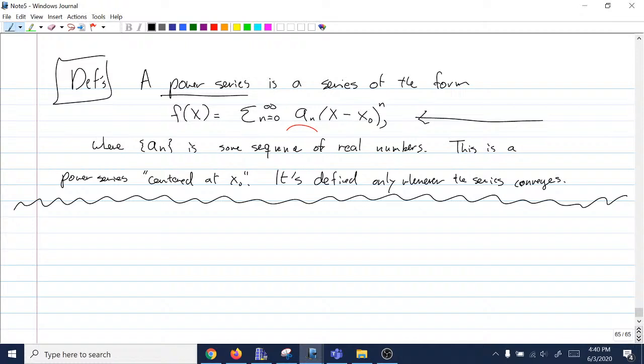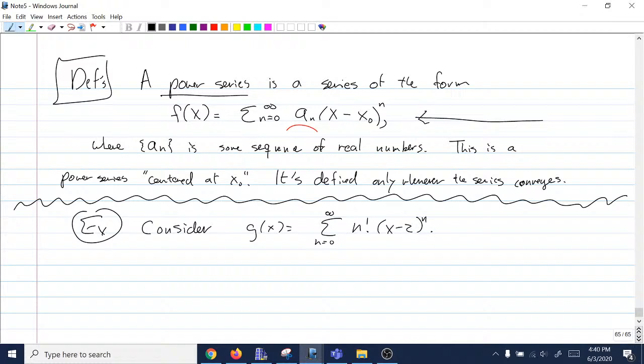Should I stop and do some examples of that? The idea here is we have something like an infinitely long polynomial. Yeah, okay, let's do an example. Consider the power series g of x is the sum from n equals 0 to infinity of n factorial times (x minus 2) to the n.